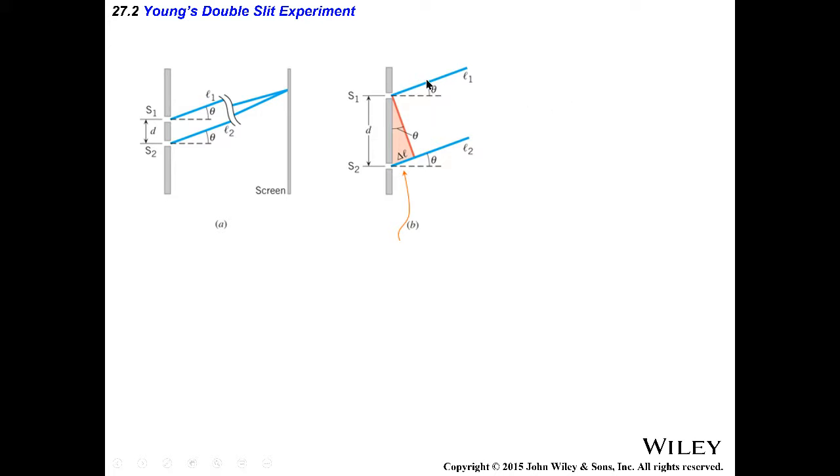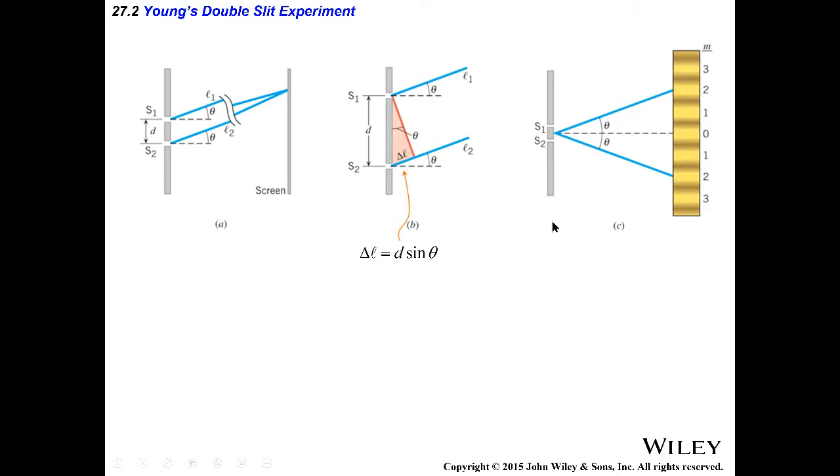And we now want to know, when would this be exactly constructive, let us say. I don't know whether we can see it. The difference in the length between this and that is now this delta L. And if I now use trigonometry, delta L is d sine theta.